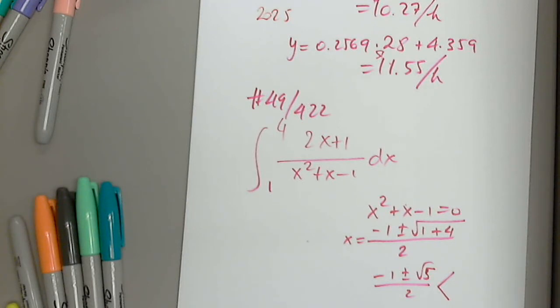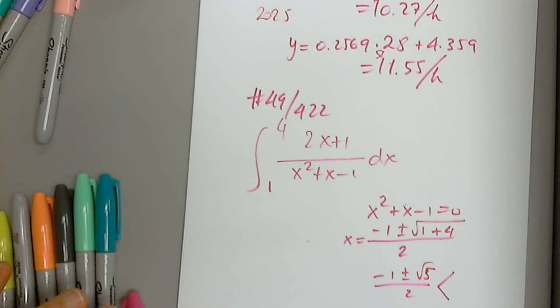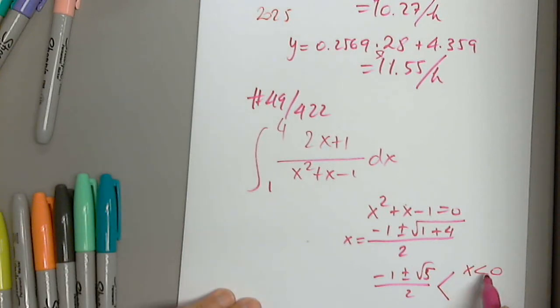So negative 1 plus the square root of 5, and close, and divide by 2. If this happens to be between 1 and 4, we can calculate this integral, but it's not. And the other one is negative. So yes, we're on the safe side. Good. So one is less than 0, which doesn't count. And the other one is 0.618, which doesn't count. It's not between 1 and 4.